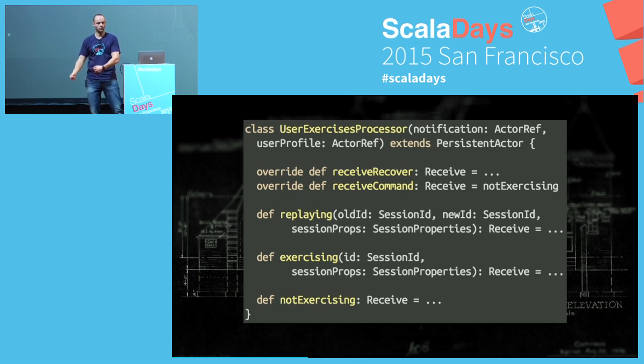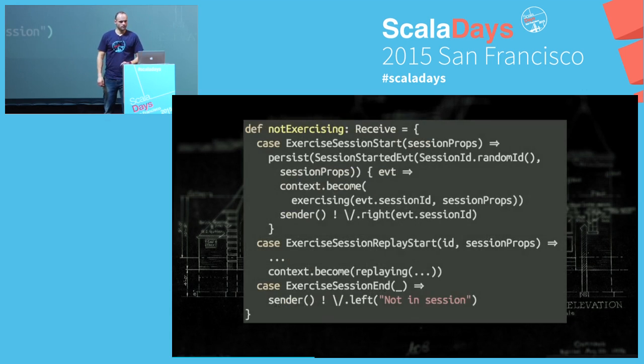When in not exercising state, I can do a replay of the entire session in case I was offline. There's a lot of code, but the essence is still the same. Receive a command from the API, generate and persist the event, maybe change state, and reply to the sender.